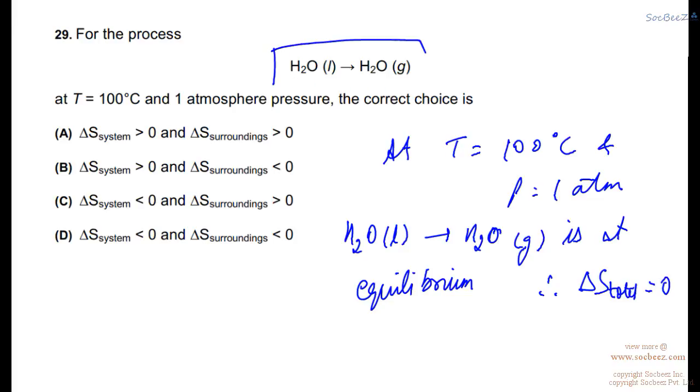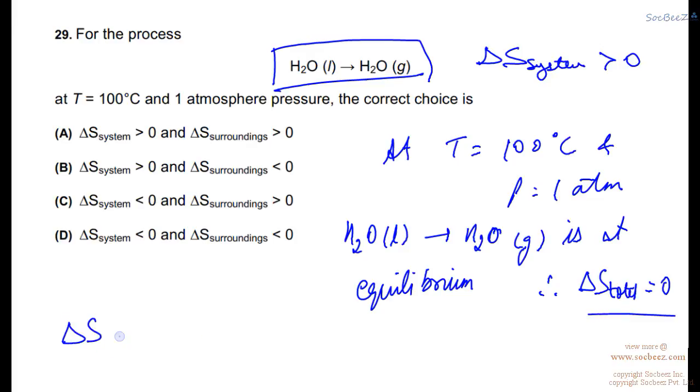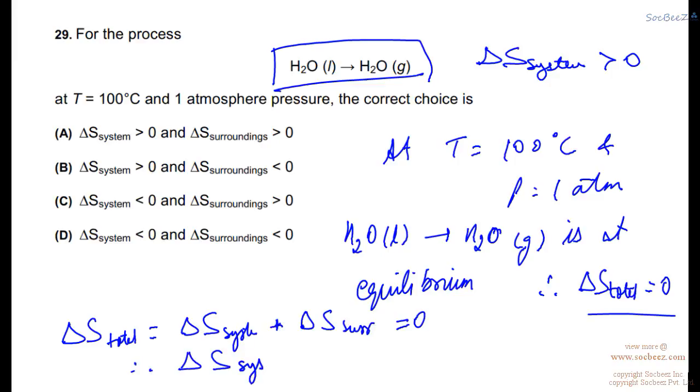And since we can see clearly with the given reaction that delta S of system is greater than 0, because the degree of randomness is increasing when the system goes from liquid state to gaseous state, and since delta S total equals 0, and we know that delta S total equals delta S system plus delta S surrounding, equals 0, therefore delta S system is greater than 0, since the system goes to gaseous state from liquid state.